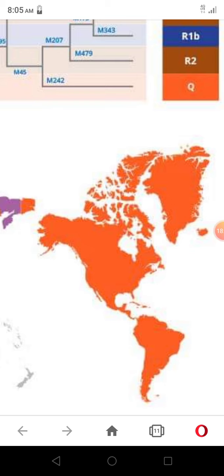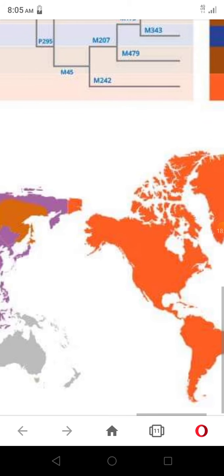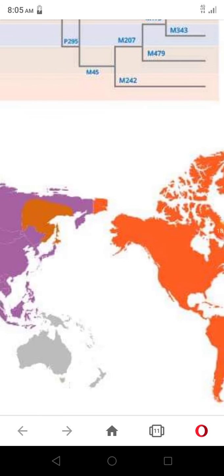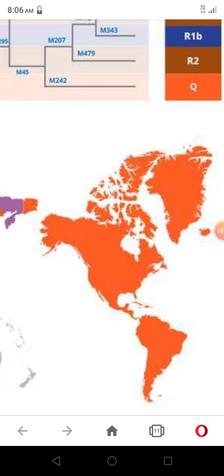So we're going to get into the different Japhetic groups. So right now we are talking about the Shemitic Moabite. So there's nobody native to America, and the interesting thing about the Shemitic Moabites is they have an interesting mutation count or subclade within their grouping.